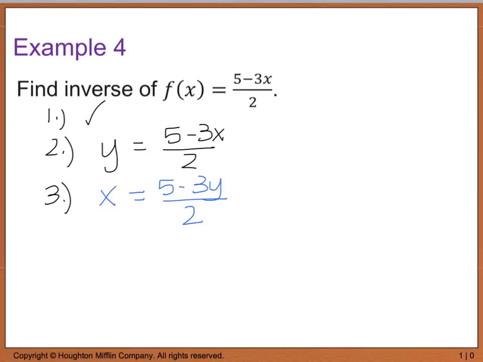So I'm going to multiply both sides by 2 to clear out this denominator. That gives me 2x equals 5 minus 3y. I need to get rid of this 5, so that gives me 2x minus 5 equals negative 3y. And then I need to get rid of that negative 3, so I'm going to divide everything by negative 3.